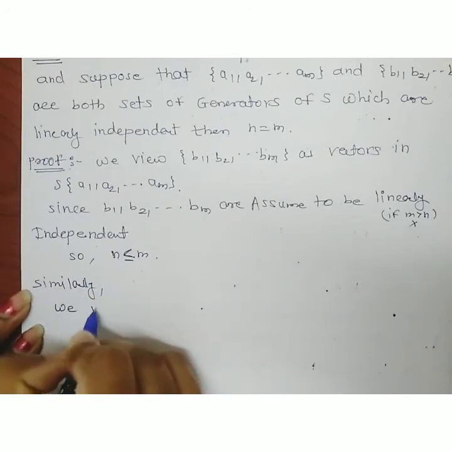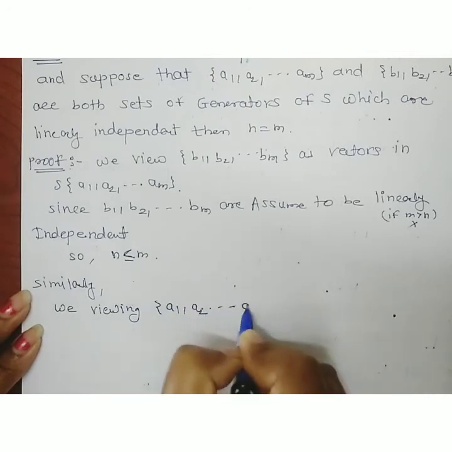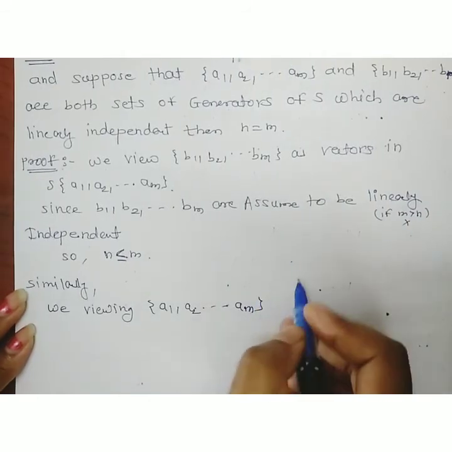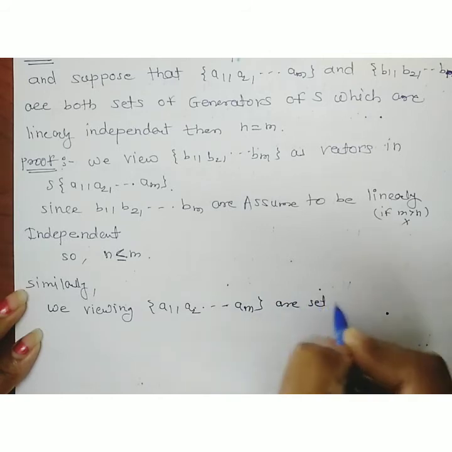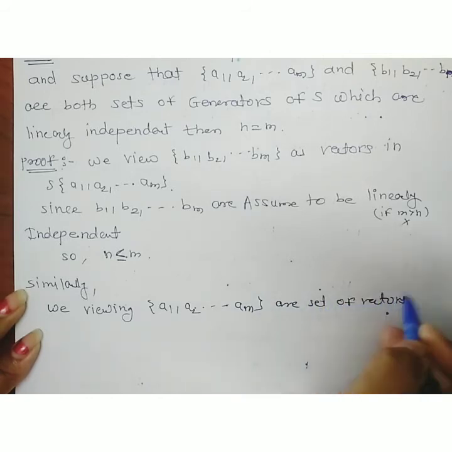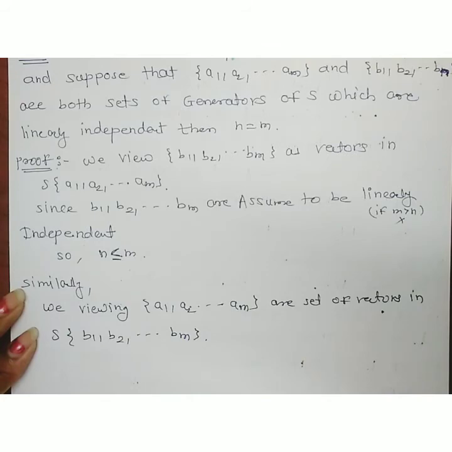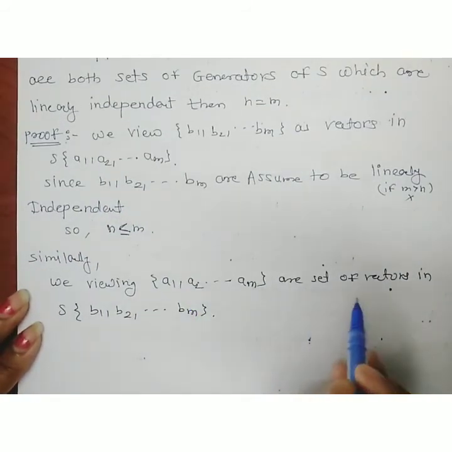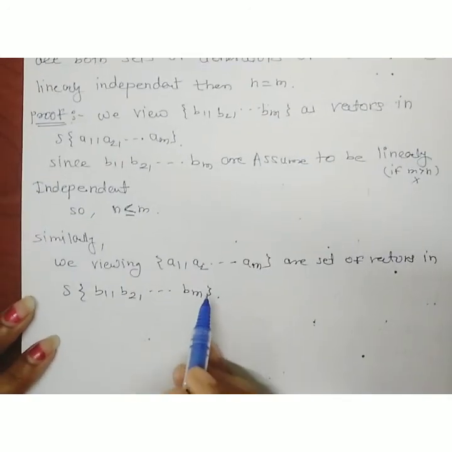Similarly, viewing the set of vectors A1, A2 up to An as vectors in the span of B1, B2 up to Bm, by the same procedure as above, A1, A2, An can be written in the span of B1, B2, Bm.